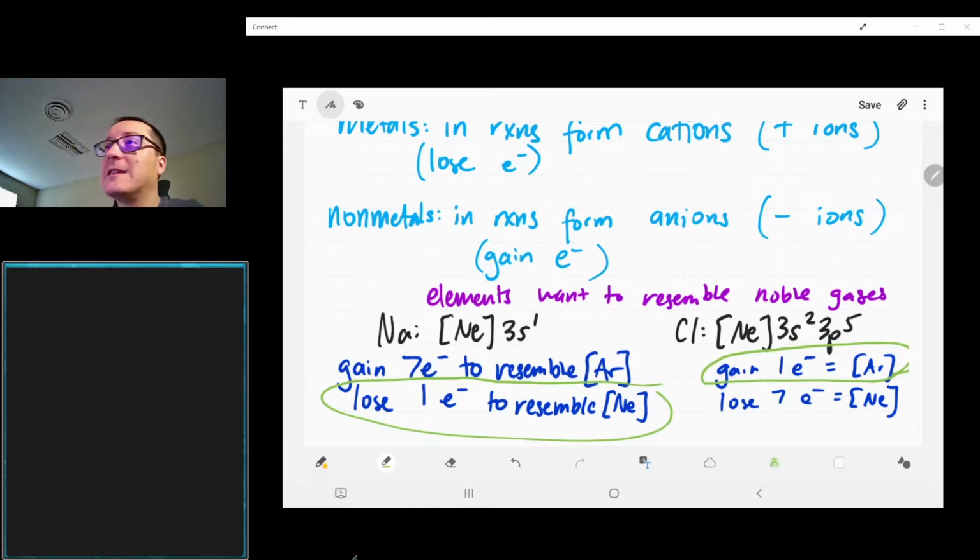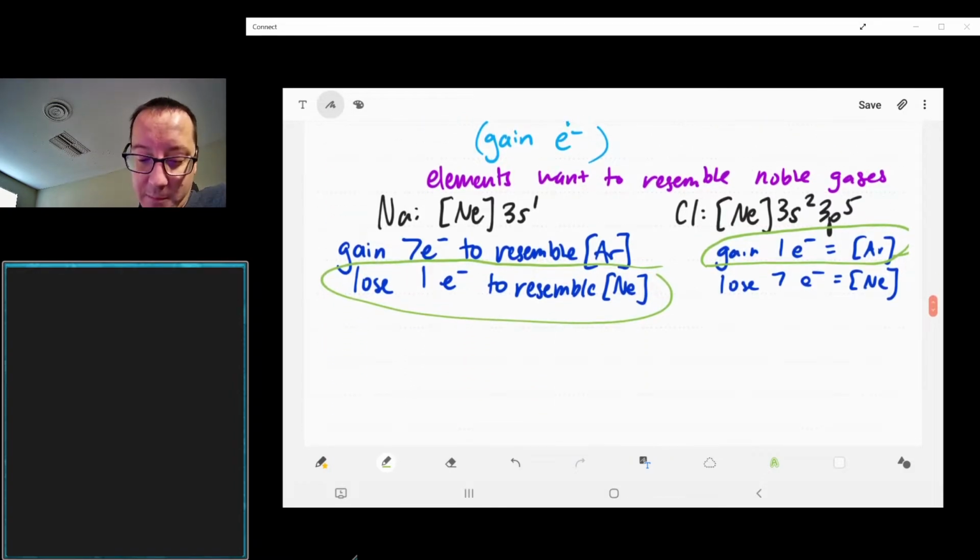And so nonmetals will typically be gaining electrons because that's the easiest way for them to resemble noble gases. And metals will typically lose electrons in order to resemble noble gases for the same reason, because it's easiest to get there that way.